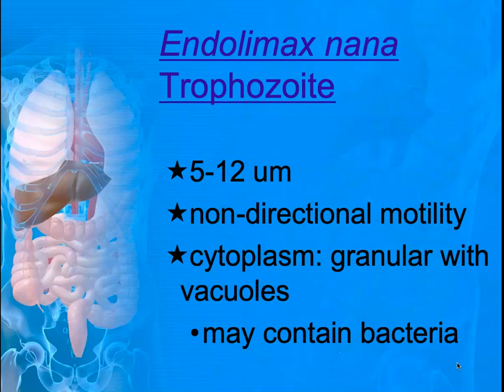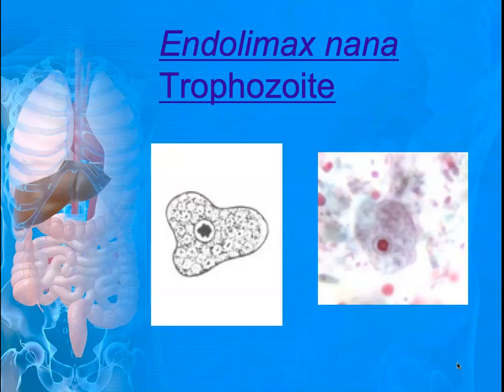The trophozoite is on the smaller side, and in fact you might confuse it with Entamoeba hartmanni. It has non-directional motility. The cytoplasm may contain vacuoles and bacteria. So here's what they mean by a large blot-like karyosome. It just looks like a blob. It's not nicely contained.